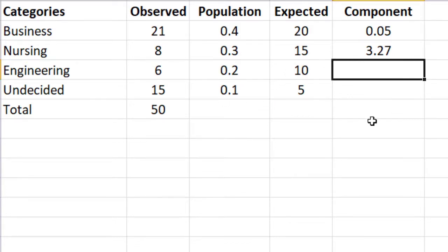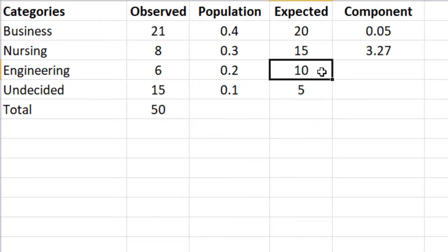And now let's move on to the third category, category 3 right here, the engineering major. I noticed that expected count was calculated as 10, meaning in this sample of 50 students, I expected that there should have been 10 students in this major if this count was correct.